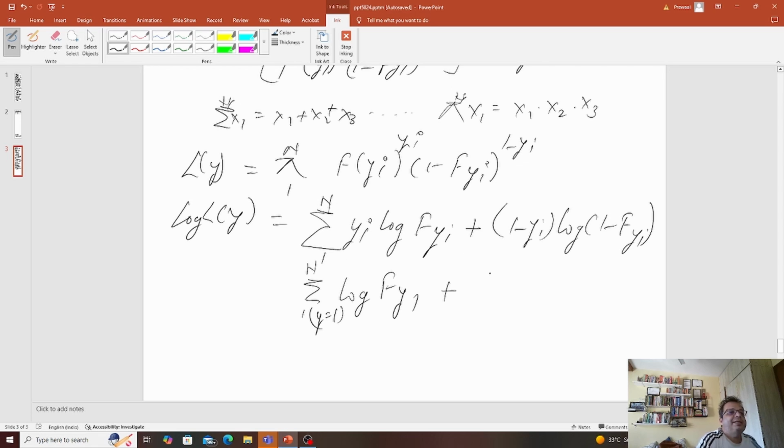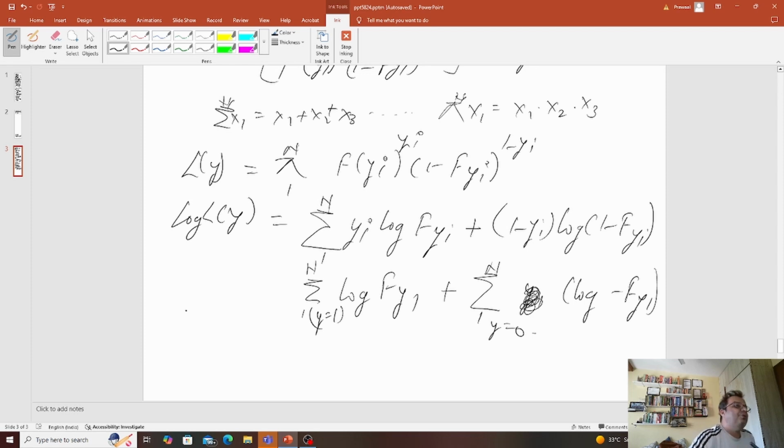So I will say sigma 1 to n. When y is 0, this anyway becomes 0, and this becomes log of 1 minus f of yi. So this is y equals 0. Okay, and anyway this is 0, so this will also not remain there.